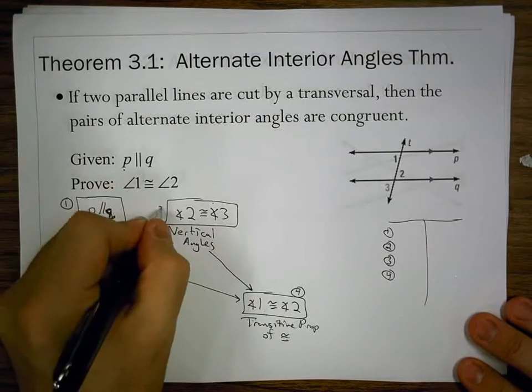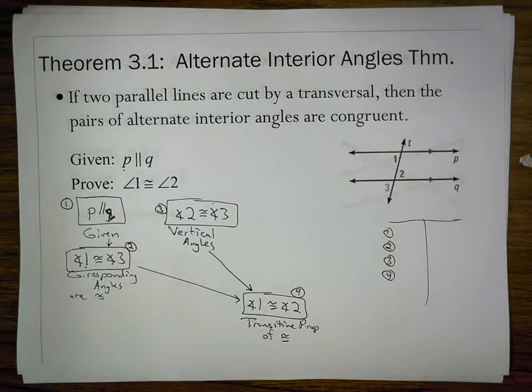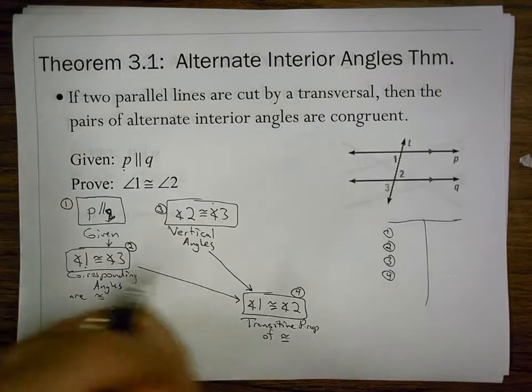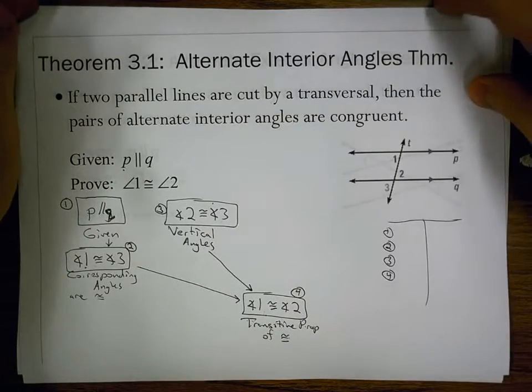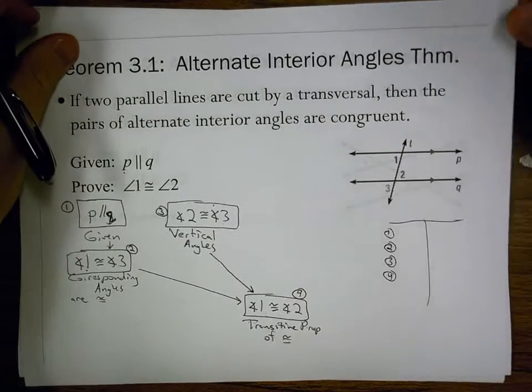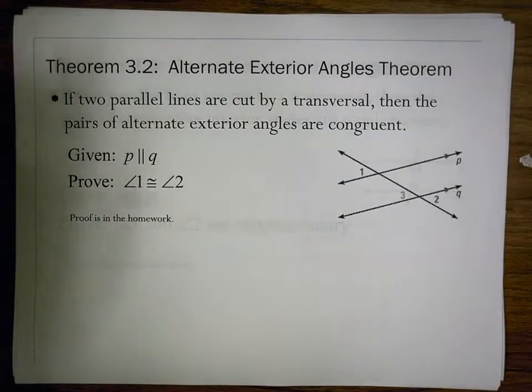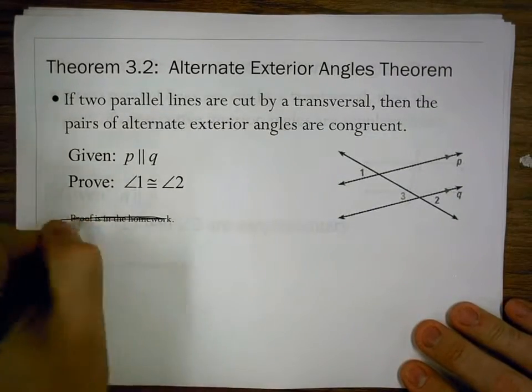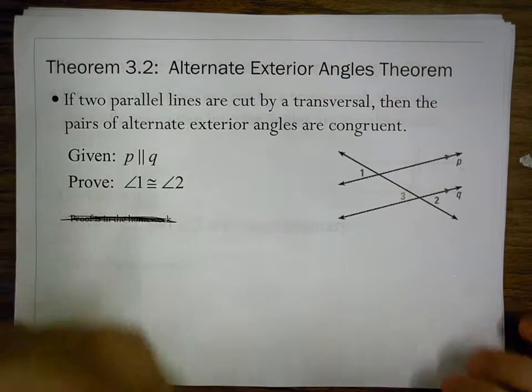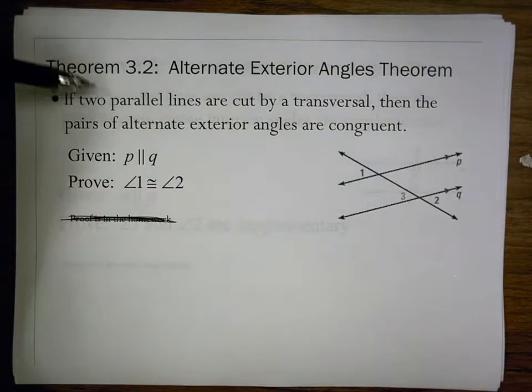So this was step 2, then step 3, and finally step 4. So we use corresponding angles combined with vertical angles to get us to that transitive property, giving us congruence for alternate interior angles. Now, alternate exterior angles will actually work the same idea.